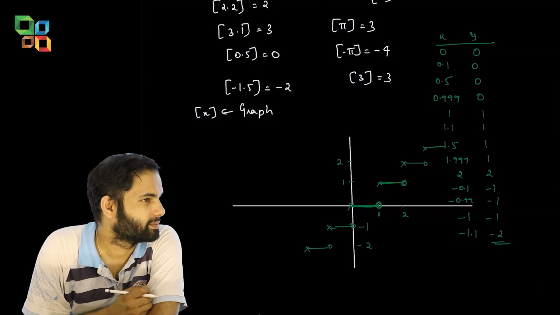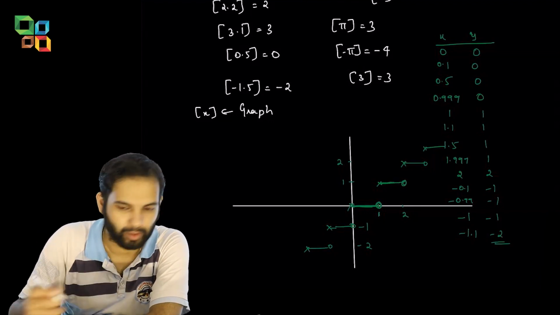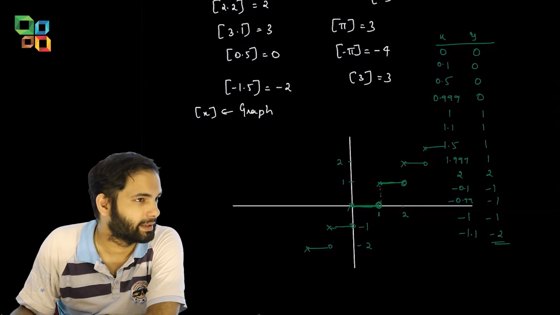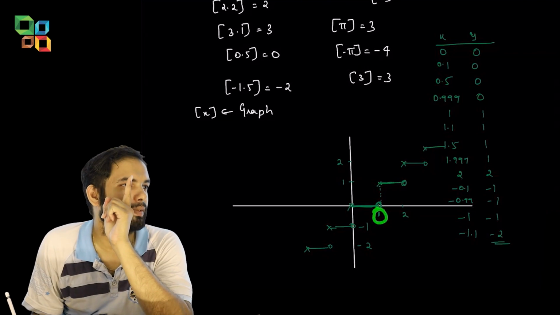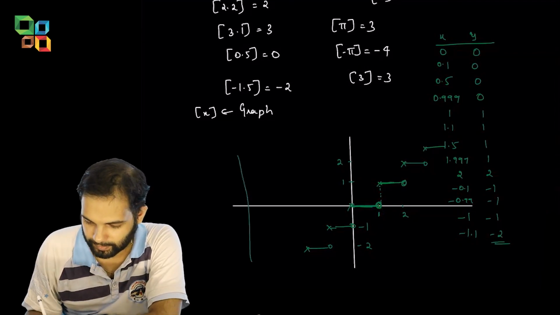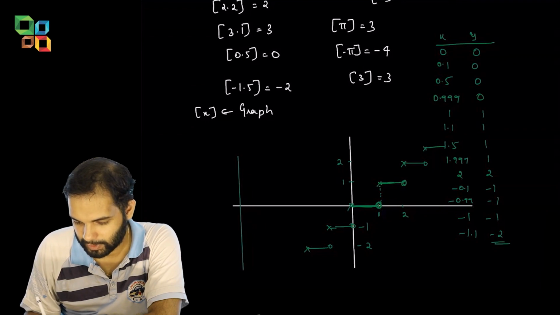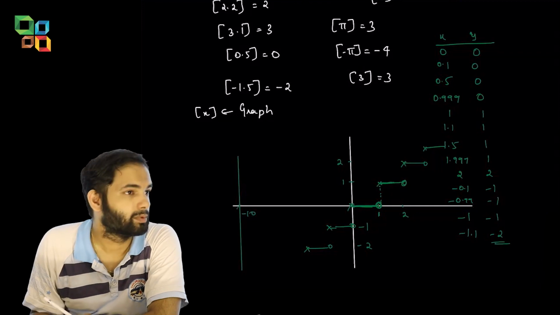Is it fine? Can we not connect the X and the point? At 1, it is taking only one specific point. See, when do you get a line as a graph? Suppose this is y equal to -10.